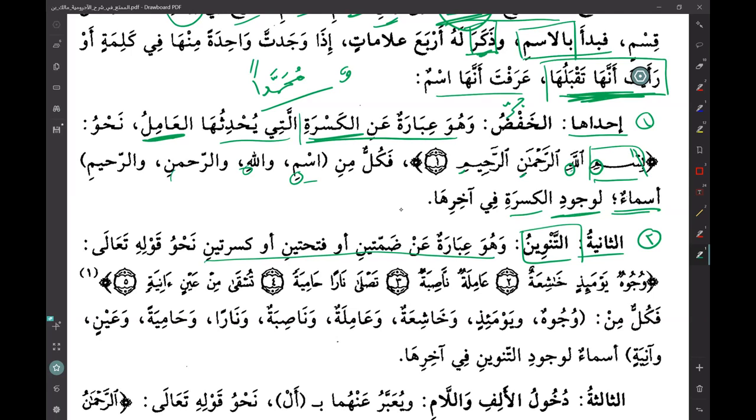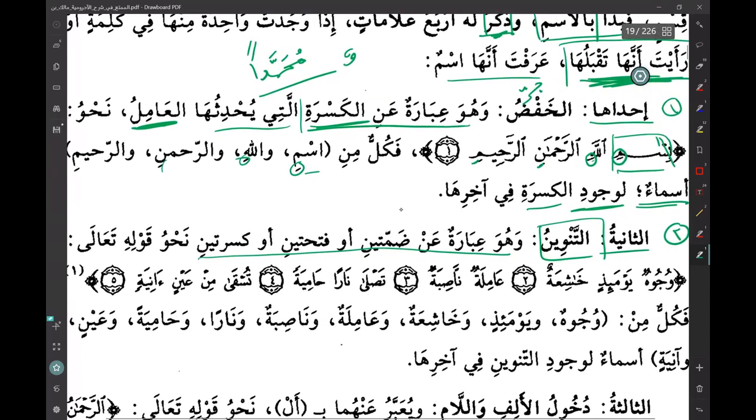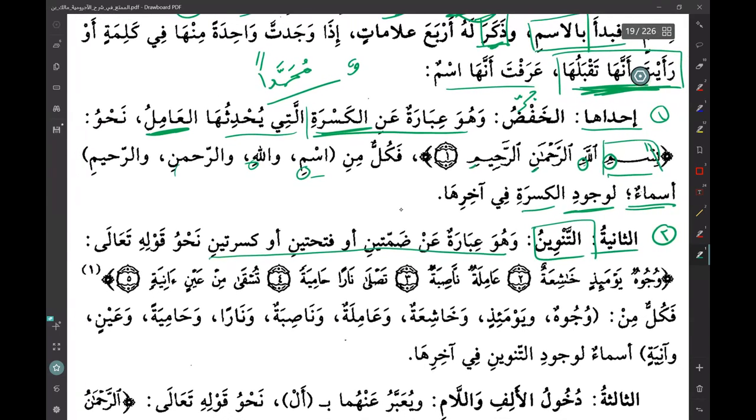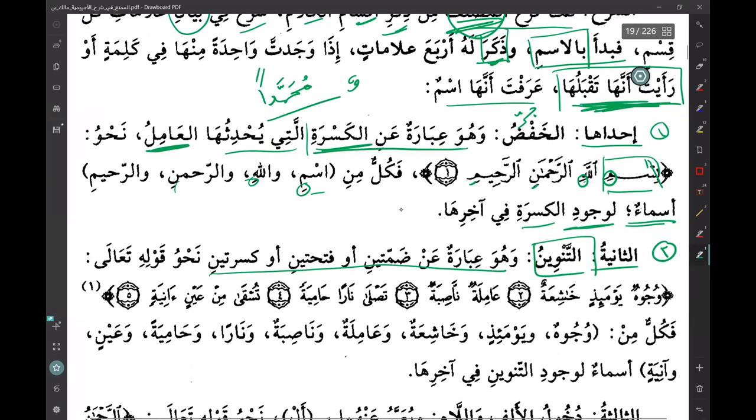I found it very interesting after reading the Alfiyyah. But I think the other book says a little bit more. If we have time, by Muhammad Muhyiddin, we might go there. But for us right now, what he's saying is good enough. We have dammatain, two dammas. By the way, this word is dammatani.